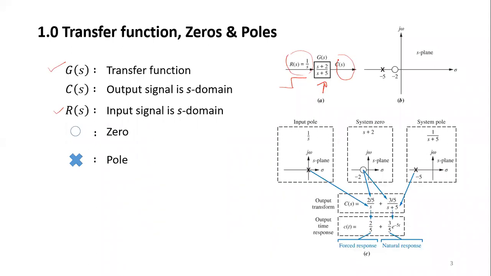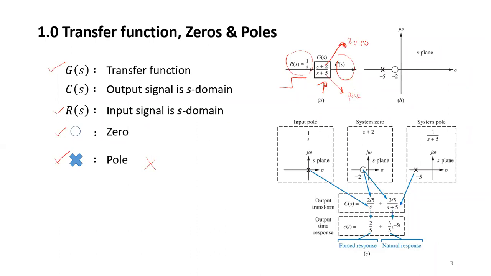You see that the circle here is zeros, and this one is poles. In a transfer function, the denominator is where we have the poles located, and the numerator is where the zeros are.